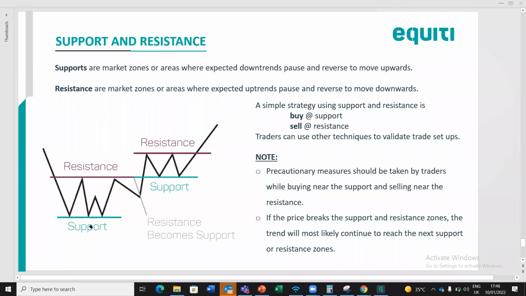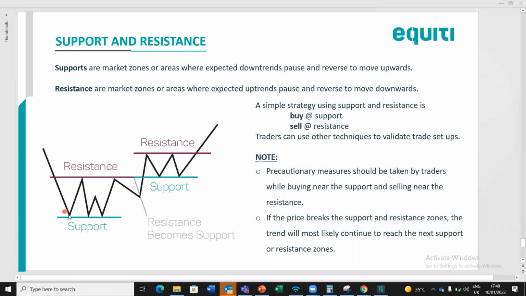Having known that support hates bearish movement and resistance hates bullish movement, right? So having known this, if you can find proper support and proper resistance, good support and good resistance, then a simple strategy can be to buy at the support, sell at resistance, buy at the support, sell at resistance.